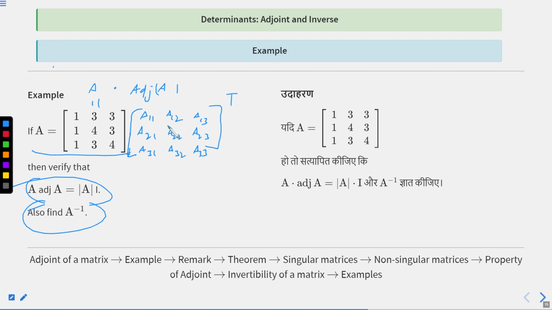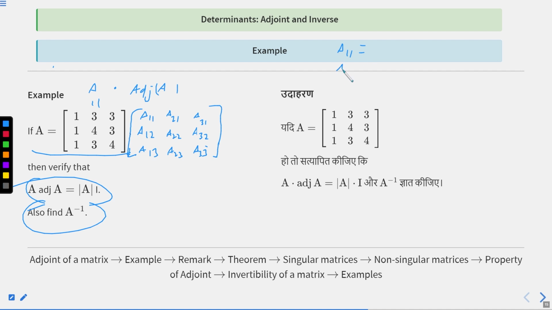Or in other words, if I transpose, this will be changed to A12, A13, A21, A22, A23, A31, A32, A33. Simple. Now let me find all the cofactors.